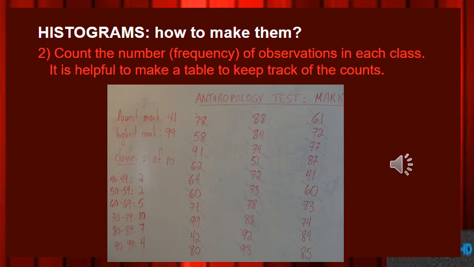I have 10 students between 70 and 79%. This is the most numerous class here. 7 students have between 80 and 89, and only 4 students have between 90 and 99. So I counted here how many students I have in each of the classes.